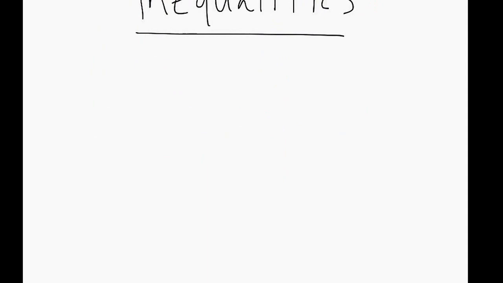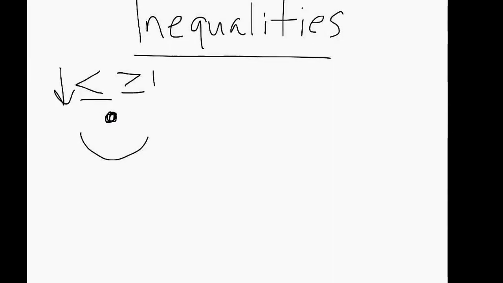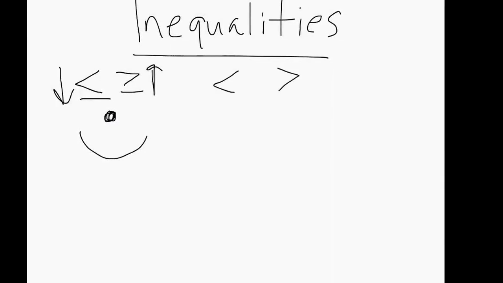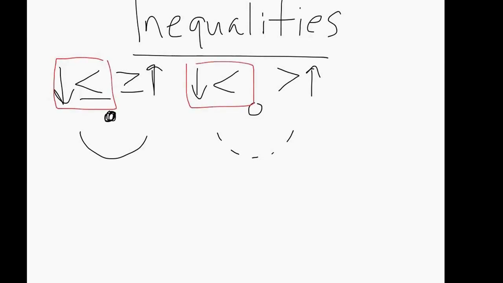Alright, the next thing we talked about are inequalities. These are our inequality faces. Alright, and so what we see on the faces here, less than and less than or equal to are shade down.